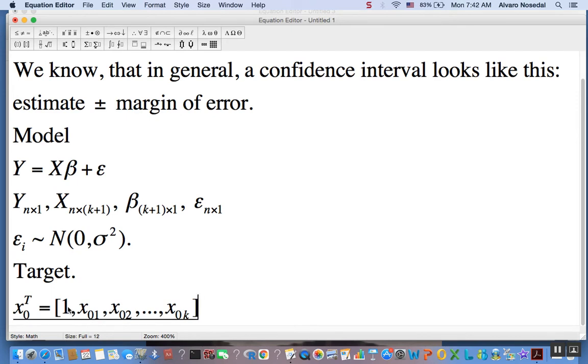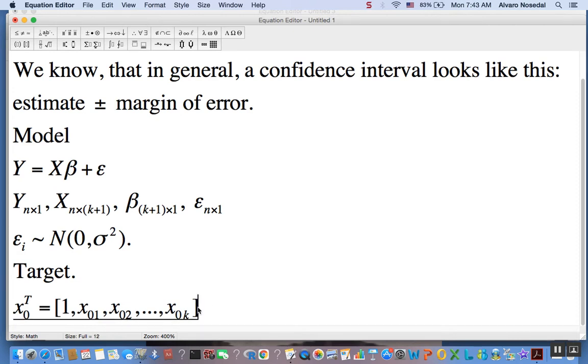In this case, the 1 is for that beta 0 that we have in our model, the y-intercept, if you will, an extension of that. This is the value that multiplies beta 1. This is the value of the predictor variable that multiplies beta 2, and so on up to beta k.